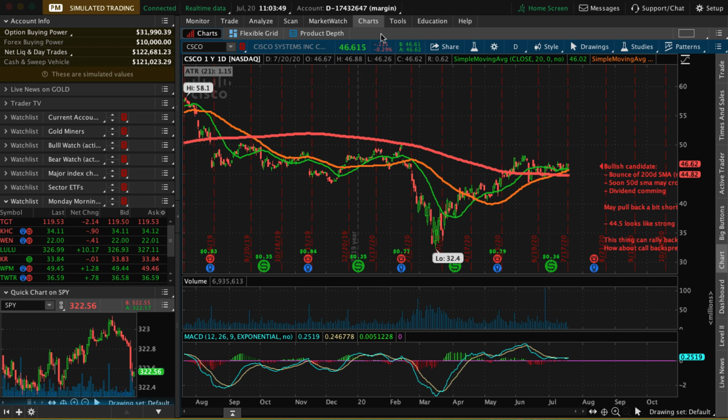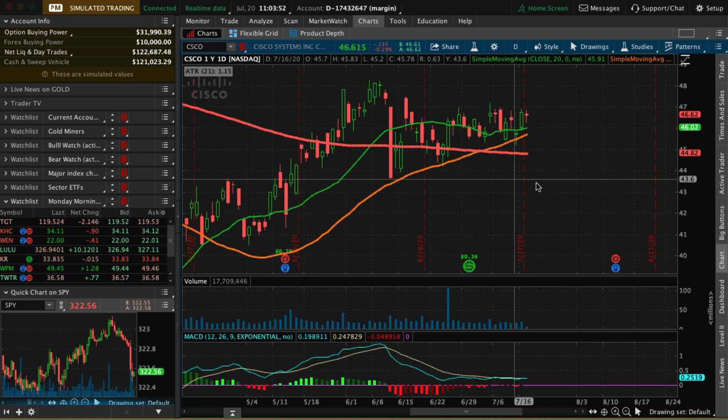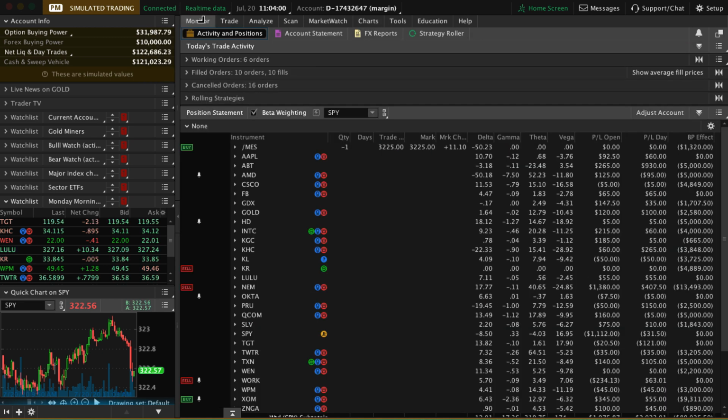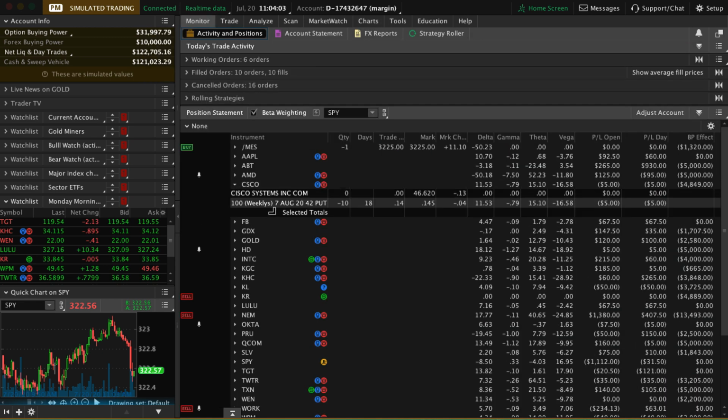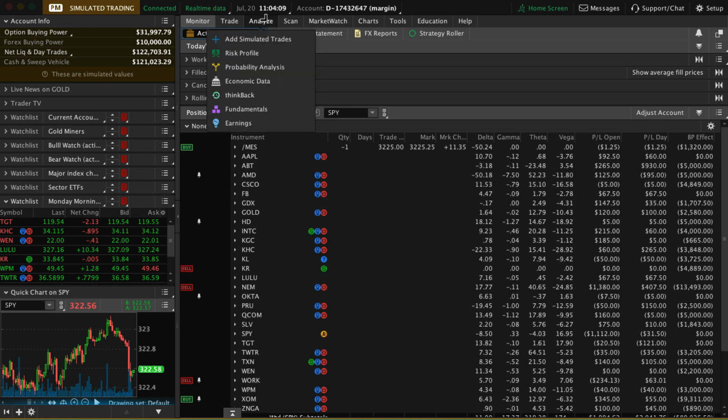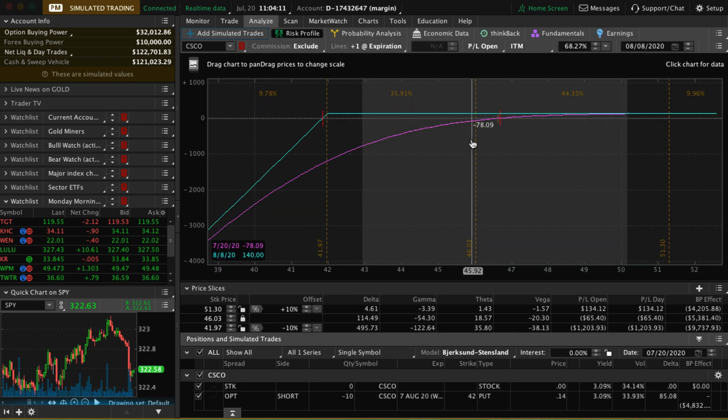And what does it look like on the chart? I actually think it's very bullish. I see the earnings are coming soon on the 18th of August, and this trade goes until the 7th of August, so it expires before the announcement of the earnings. So I'm probably going to just cash in $140.